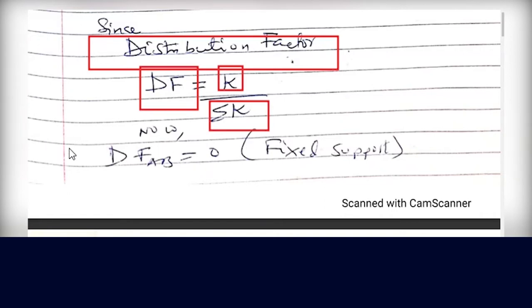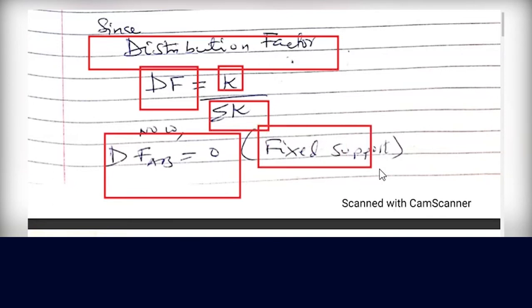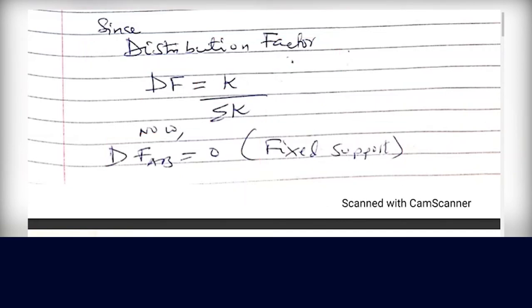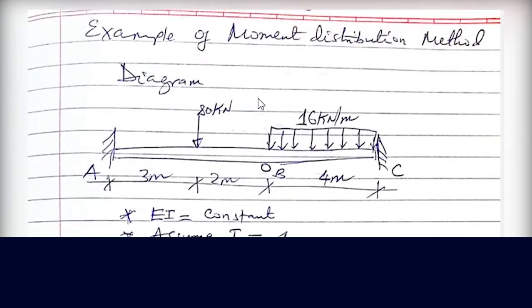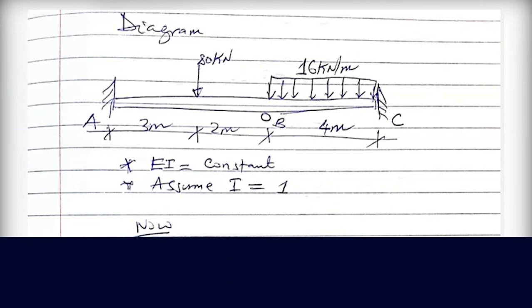So now the distribution factor for AB is equal to 0, because this is a fixed support. Once it is a fixed support, the distribution factor is always 0. This fixed support is here, so the distribution factor is equal to 0.